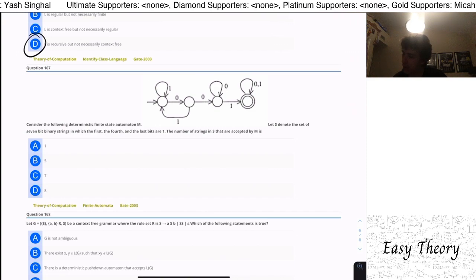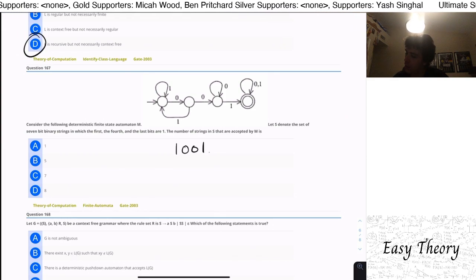Consider DFA M, accepting 7-bit binary strings of which the first, fourth, and the last bits are 1. The number of strings that are accepted by M is... So if the first bit is 1, if it was 0, 0, 1, then no matter what goes here, that's accepted. So that gives us 4.